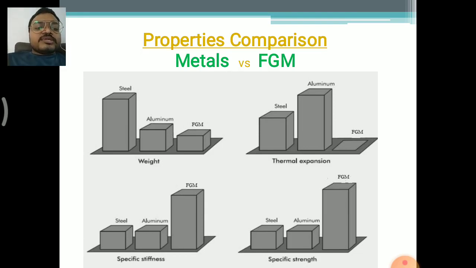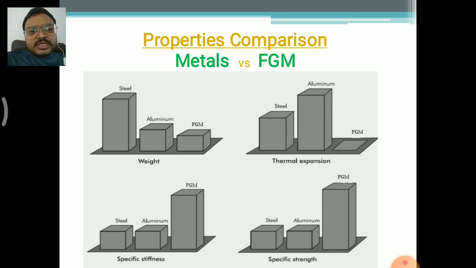First we are going to compare the weight, that is, the density of the material. First we take stainless steel. The weight of stainless steel is higher. We can see in the first picture, the weight picture, that the steel bar is very high compared to the aluminum and FGM.